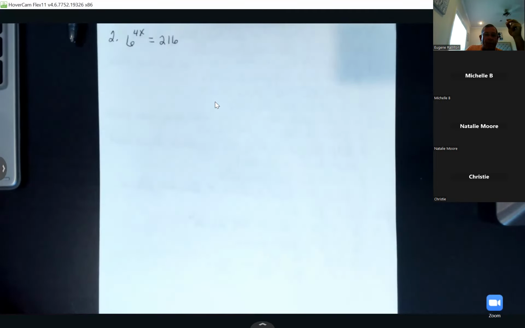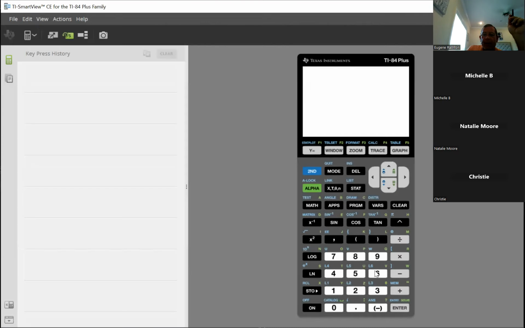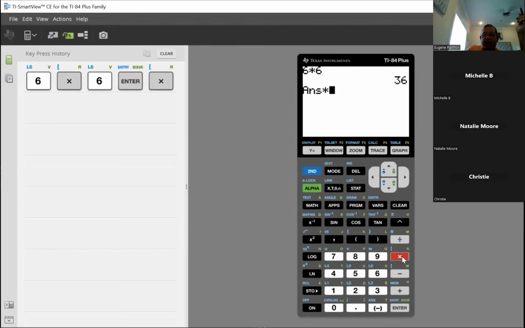I want to see if I can rewrite that 216 using that 6, okay? So I'll just get my calculator, and I'm just going to start multiplying 6 until I see if I can get that 216. So 6 times 6 gave me 36. I multiply that by 6. I get 216. So I multiplied 6 3 times to get that 216.